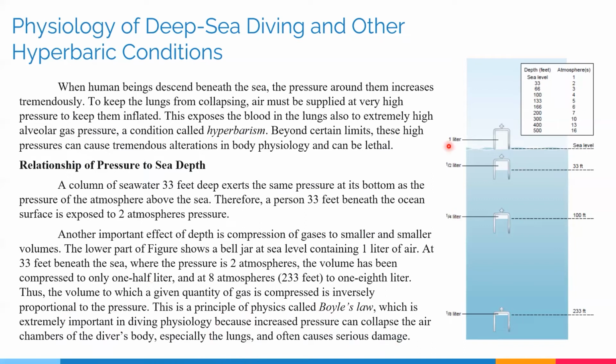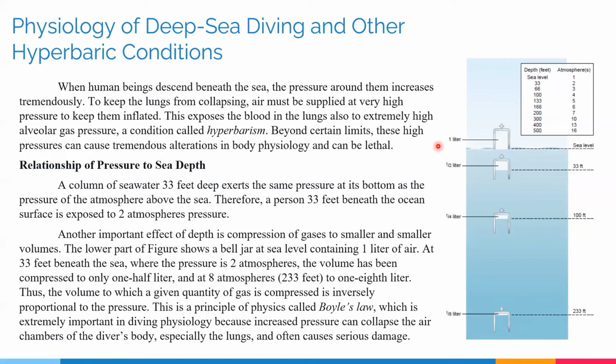Essentially, as a column of air travels further and further below the sea surface, it is compressed under the tremendous pressure to a fraction of the volume it once occupied at sea level. This is analogous to the air present in our lungs.